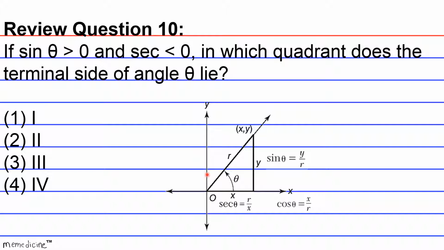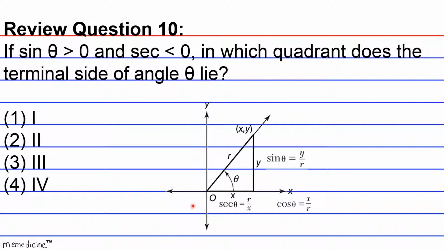Whereas the sine is positive in either quadrants 1 or 2, the secant is going to be negative wherever the x values or x coordinates are negative, so it can be negative in quadrant 2 or 3.